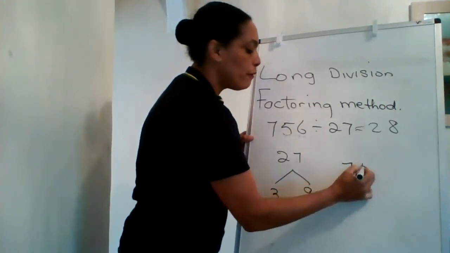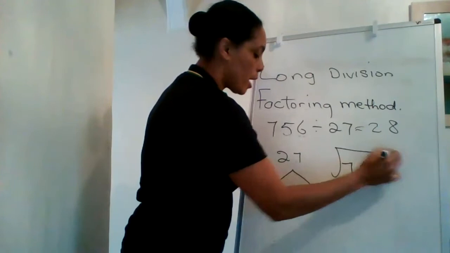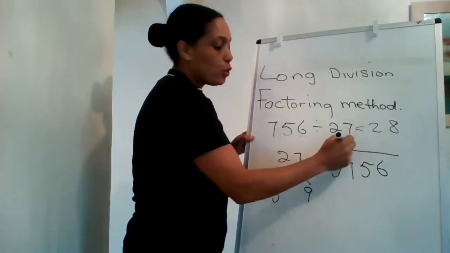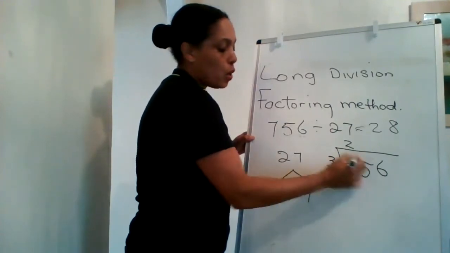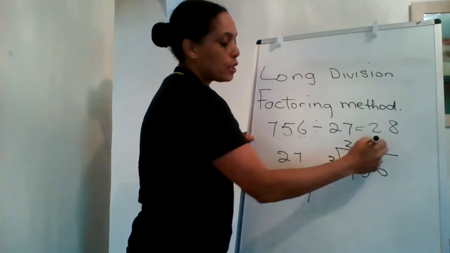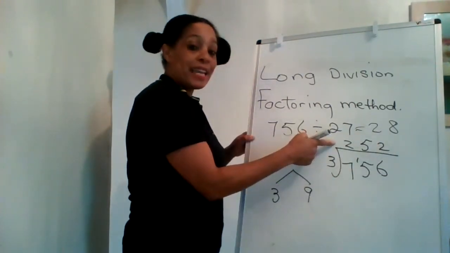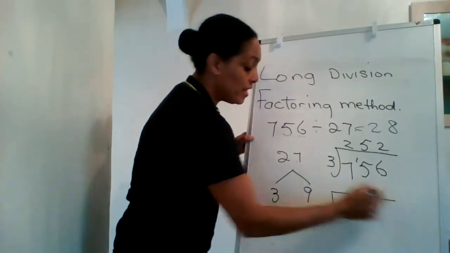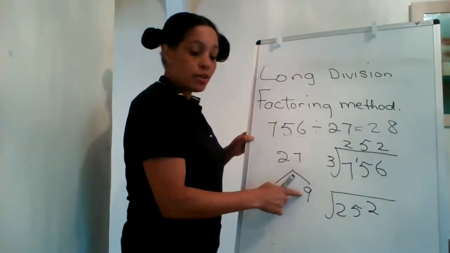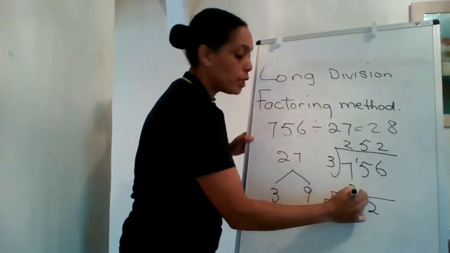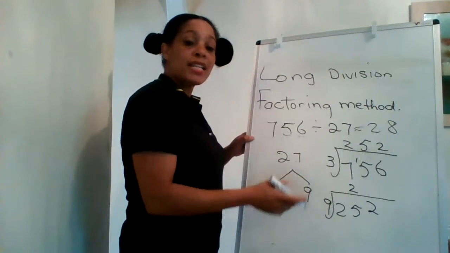So 756, I'm going to divide by, I'm going to choose to use 3. 3 into 7 goes 2 times, remainder 1. 3 into 15 goes 5. 3 into 6 goes 2. Now I'm going to take this 252 and I'm going to divide it by the next number, which is going to be my 9. 9 into 25 is going to give me 2 times, because 2 times 9 is 18.